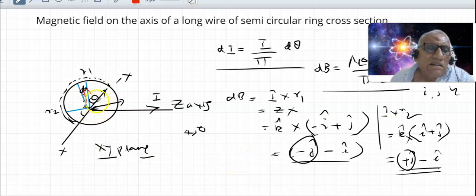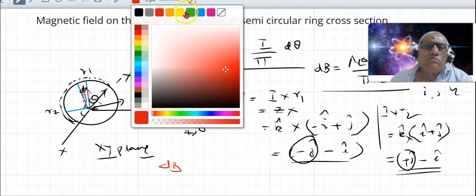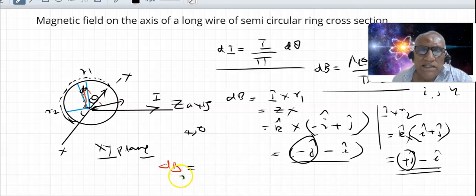So this angle, if this is theta, this is 90 minus theta. The component of this along minus x is sine theta. So what we get for dB, the component along the x direction, becomes mu 0 I d theta by 2 pi square r.